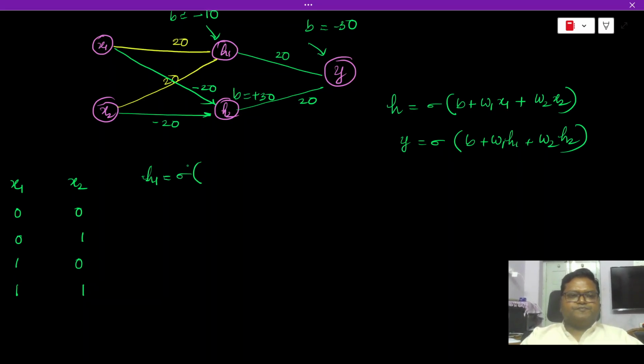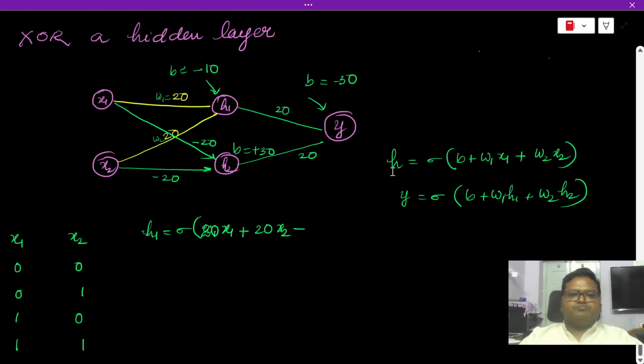Sigmoid of W1 X1, where W1 is 20, plus W2 X2, so 20 X1 plus 20 X2 plus bias. What is the bias for H1? Minus 10.